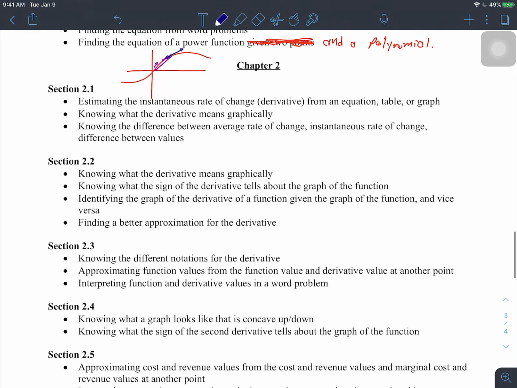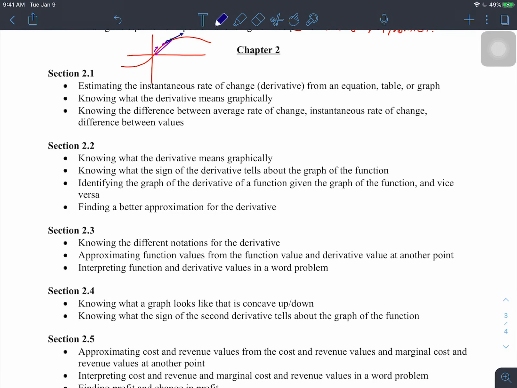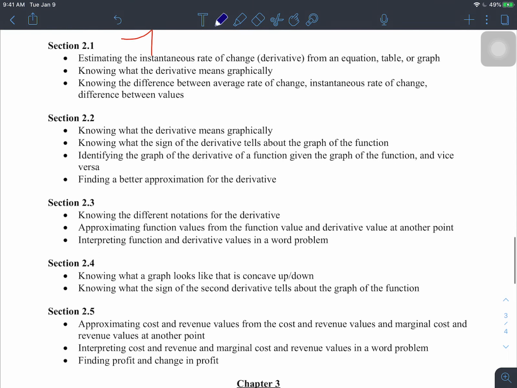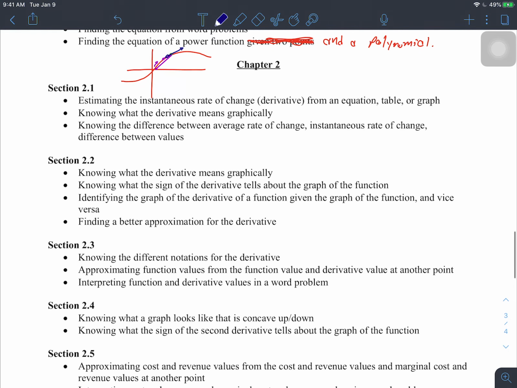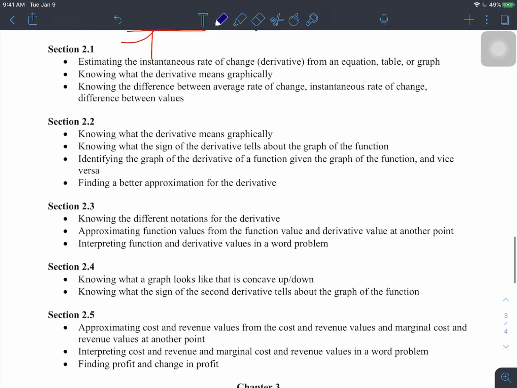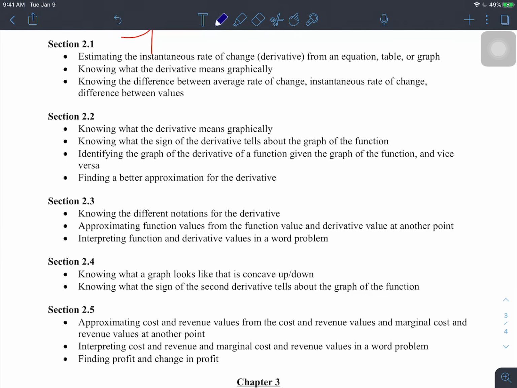We should know what the derivative means graphically. It's going to represent the slope of the tangent line. The difference between average rates of change and instantaneous rate of change is kind of implicit in what I was just talking about. Section 2.2, we learned what the derivative means graphically. Just talked about that.